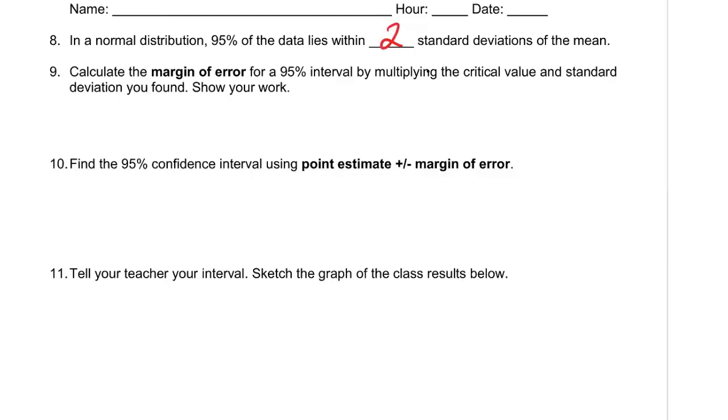Calculate the, and now here's a new term, margin of error for a 95% interval by multiplying the critical value. Now, this critical value is actually what the 2 is. And the standard deviation you found. So it would just be 2 times 0.059.